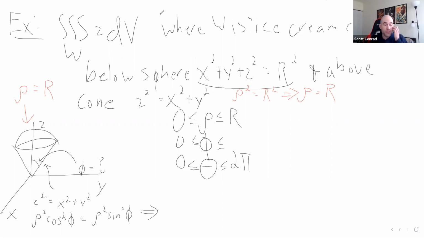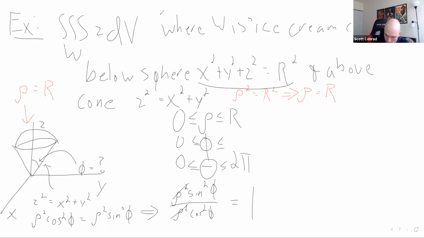We need to find a value for phi, so let's divide both sides by rho squared cos squared phi. We can cancel the rho squared, and we have sine squared over cos squared equals 1.